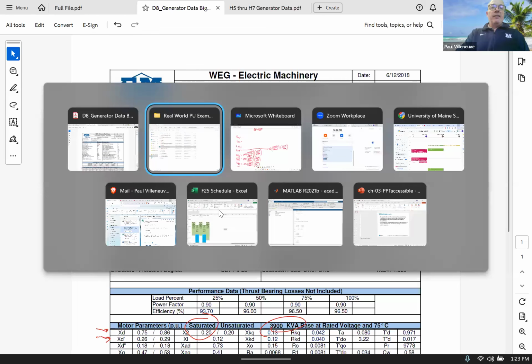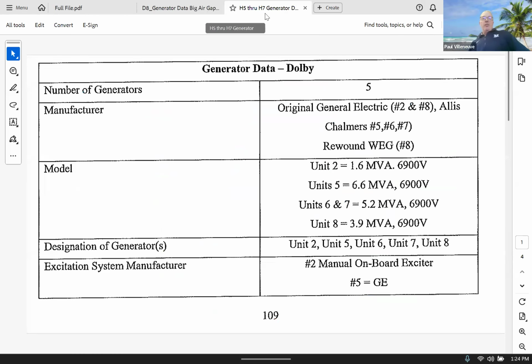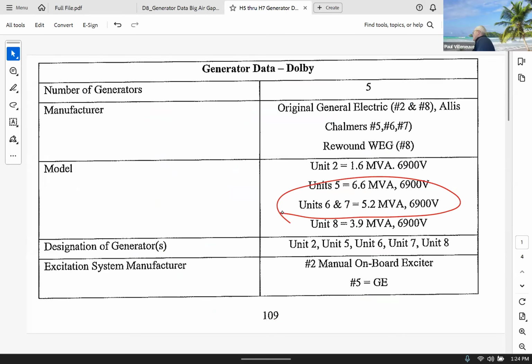But if I go here and look at the data, you can see that I've got different MVA ratings. So those are the base quantities, right? You can see 6,900 volts and one unit at 6.6 and the other two at 5.2.